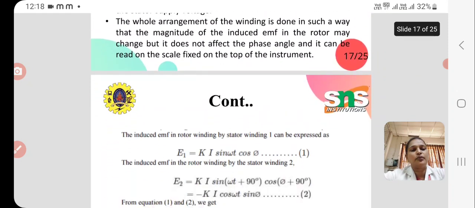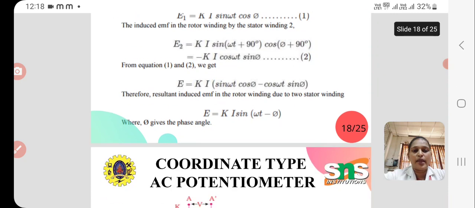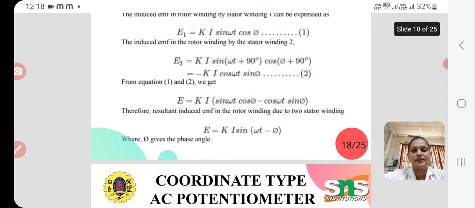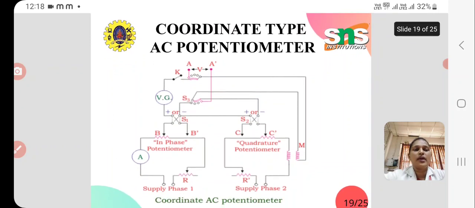From the polar type AC potentiometer, we found that the unknown voltage, the unknown EMF, can be found from the EMF induced in the rotor, and the value obtained will be like E at an angle of phi. Here E gives the magnitude of the unknown voltage and phi gives the phase angle. The answer will be in the polar form, and hence it is called the polar type potentiometer.